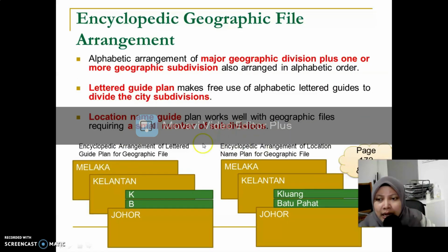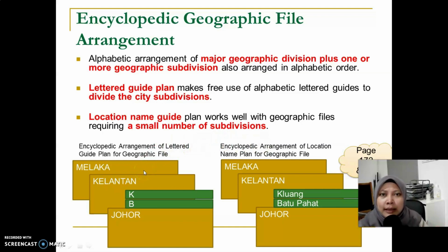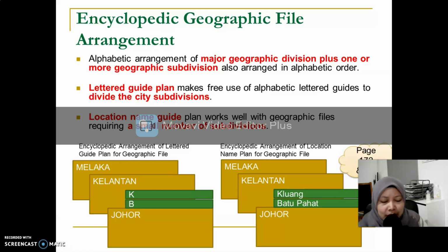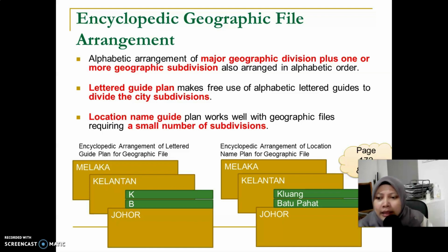Here I altered it to adapt to the Malaysian setting. As you can see, in the yellow color, the encyclopedic geographic filing arrangement begins with the name of the location, the geographic name, followed by the primary guide, which differentiates these two types of arrangement.